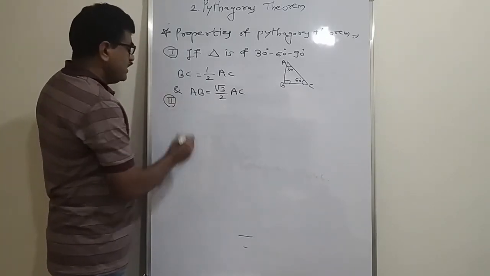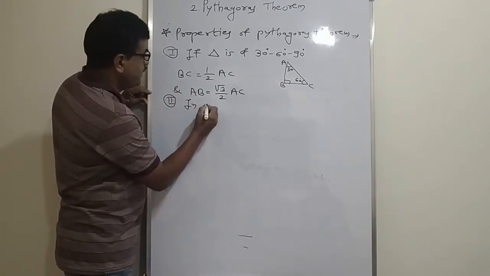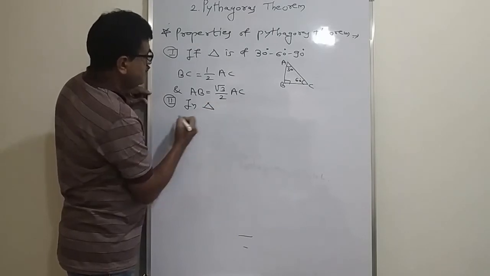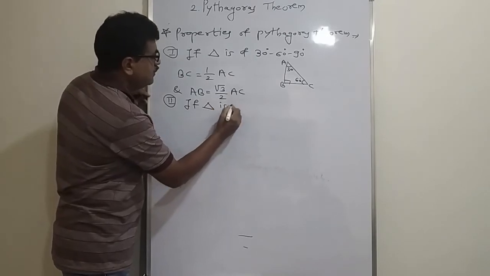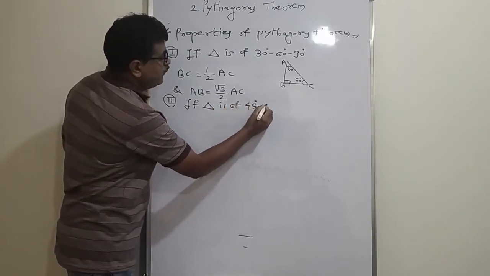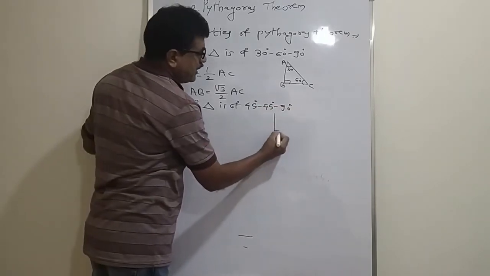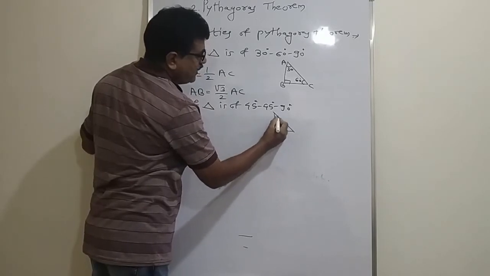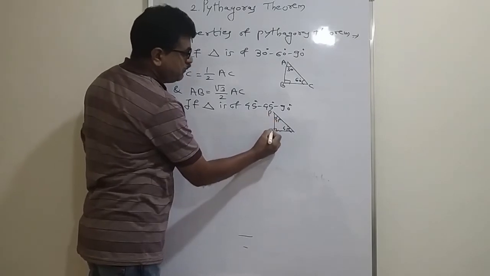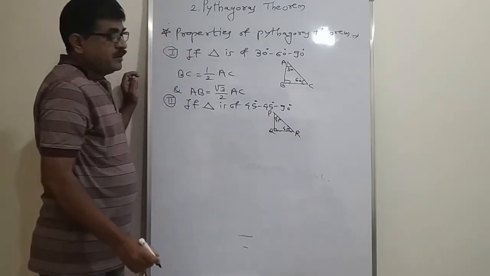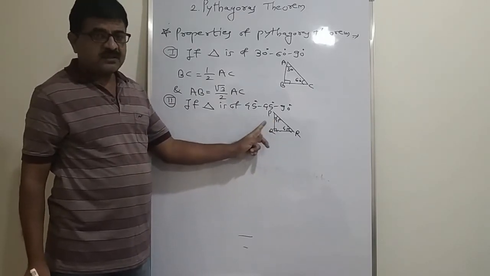Now we also see the next property. If a triangle is a 45, 45, 90 degree triangle, suppose this is PQR, now we know that sides opposite to congruent angles are congruent.